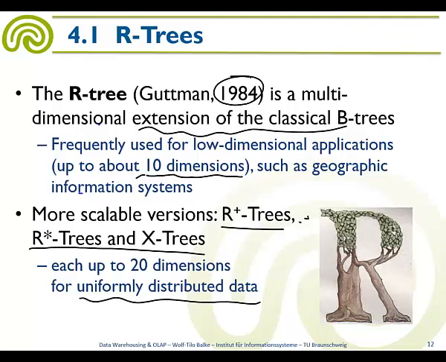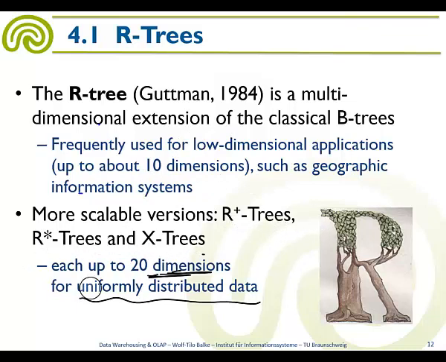However, assuming that you do have uniformly distributed data, as soon as you reach 20 dimensions, we always say this is the dimensionality curse, and it's kind of like the magical frontier. As soon as you hit it, things start to get tricky, and the structures that we have do not scale to hold such large dimensions.